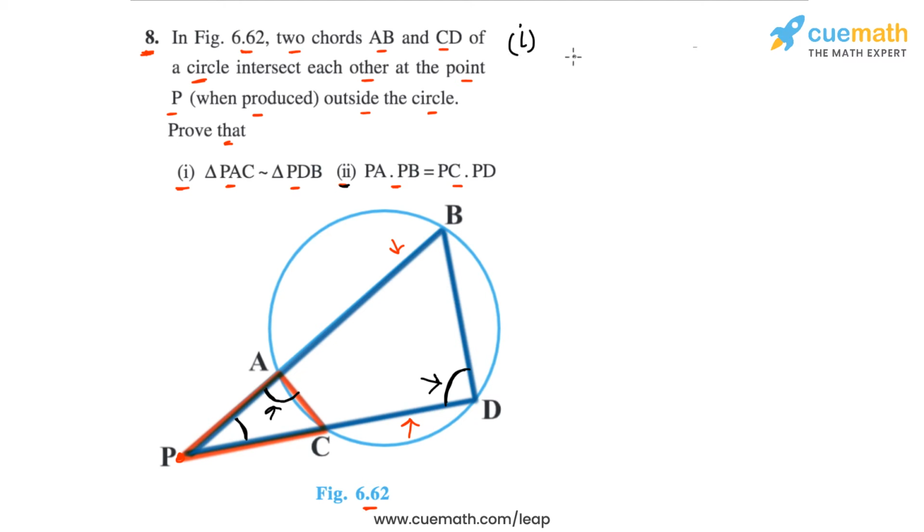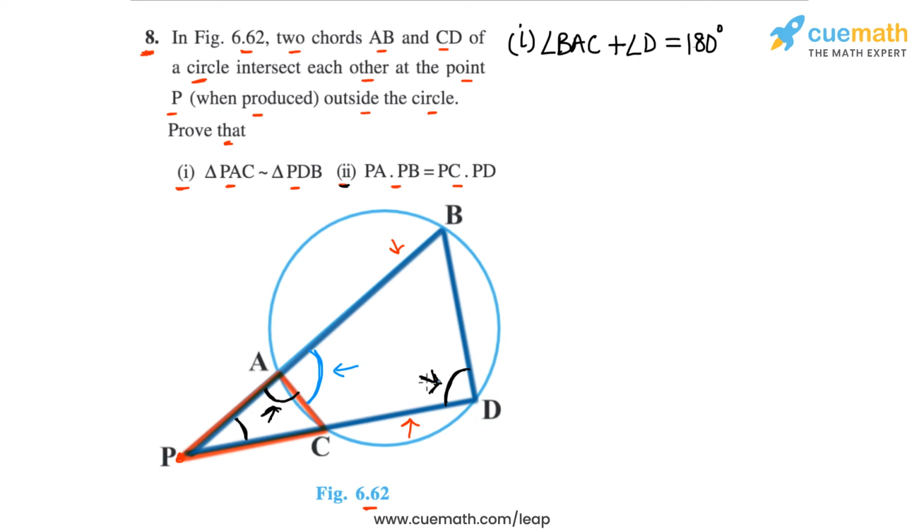So to prove that this angle PAC is equal to the angle at D, let's consider this angle inside ABCD, this angle at A. So this angle, which is angle BAC, so angle BAC plus angle D will be equal to 180 degrees. Can you see why?